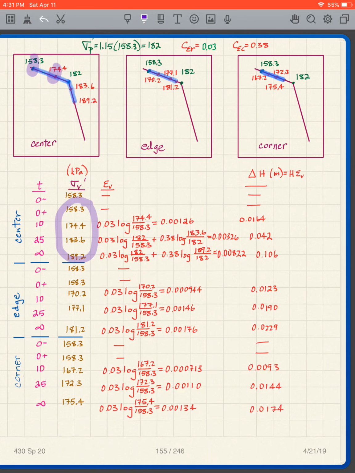So all of those points can be shown on the plot. I do the same thing for these. If you notice, all of these values are less than 182, so all of those points on our plot go to the left of 182.